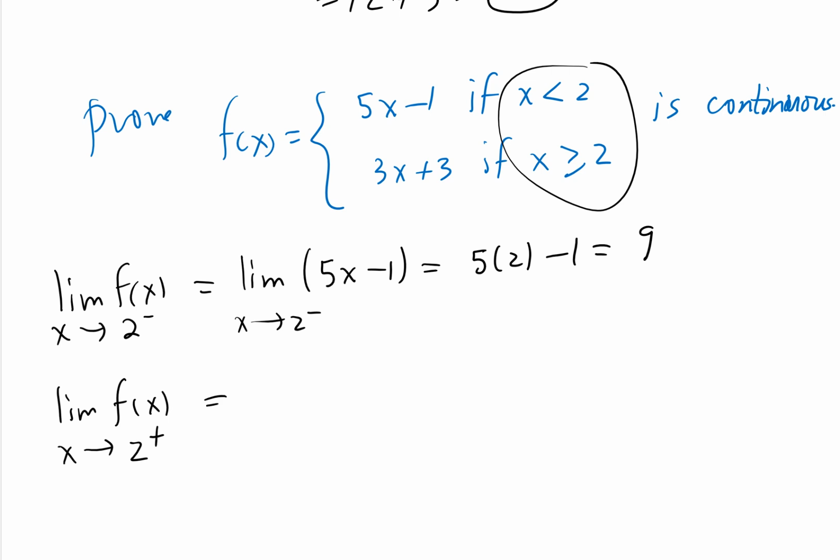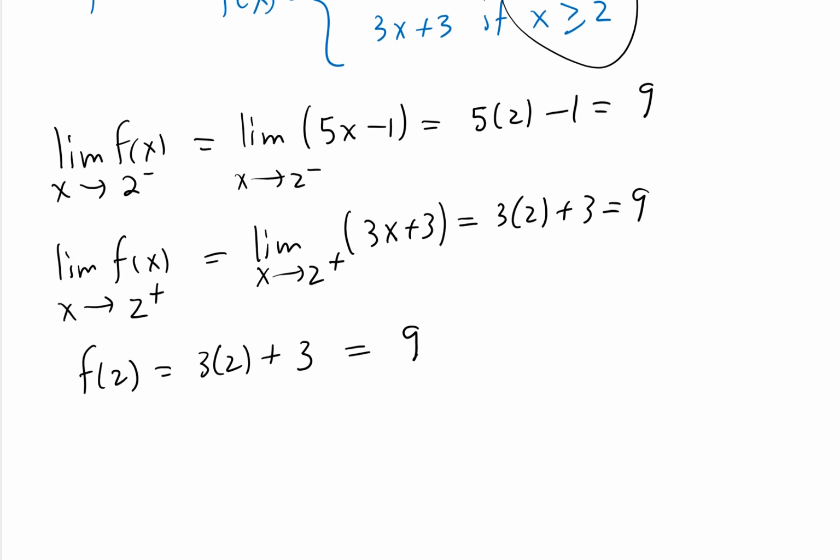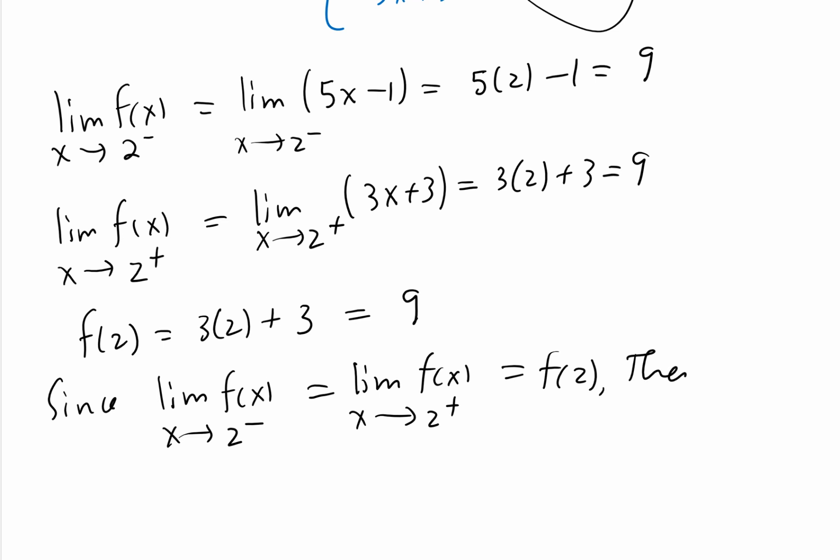Limit as x approaches 2 from the right side of 3x plus 3: 3 times 2 plus 3, 9. Also f of 2. For f of 2 we substitute into the second one. Also 9. We say since the limit of f of x as x approaches 2 from the left is the same as the limit as x approaches 2 from the right, and equals f of 2, then f is continuous at x equals 2 and hence continuous.